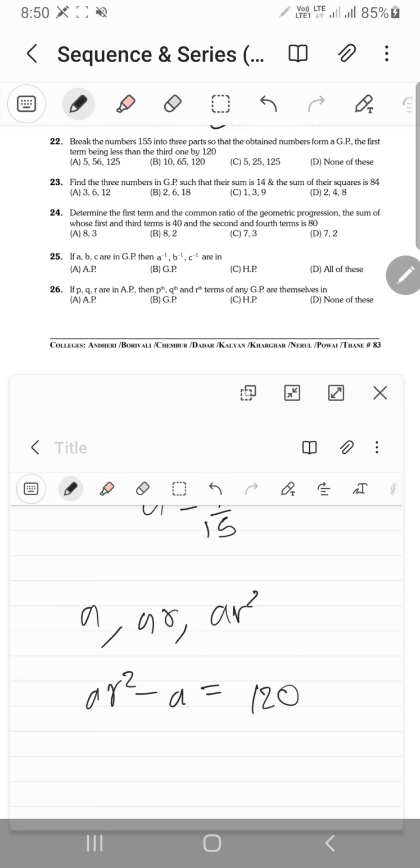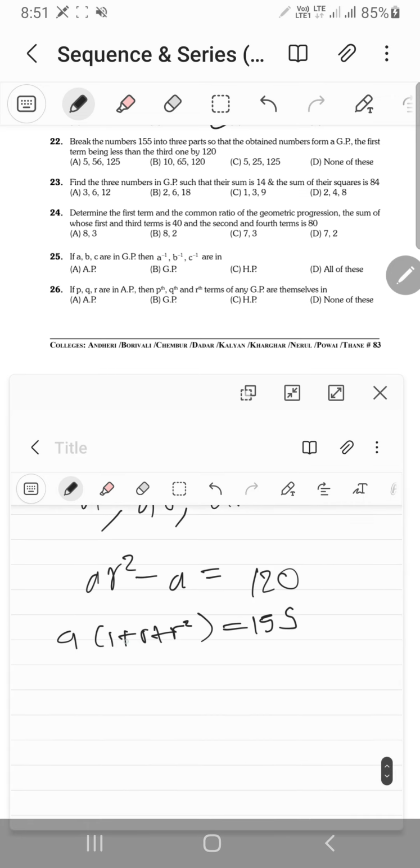And these add up to 155, so A into 1 plus R squared, that thing is 155. You already know what A is in terms of R, so divide these two, of course. So 155 upon 120, that's just 1 plus R squared upon R squared minus 1, I think. Yeah.